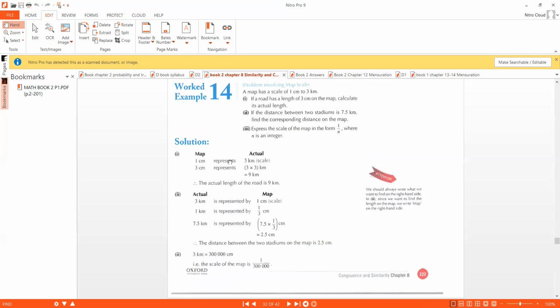In a map there is always a scale because you can't draw 5,000 kilometers on a single page. Yes, we can, but not exactly the way it is in ground reality. So we have to convert it with some scale, that 1000 kilometers is equal to 1 centimeter or one box.